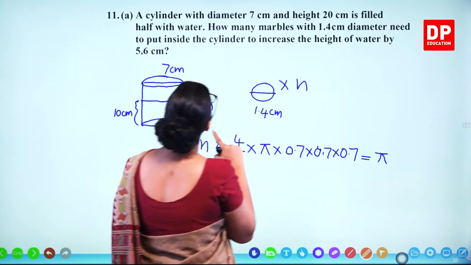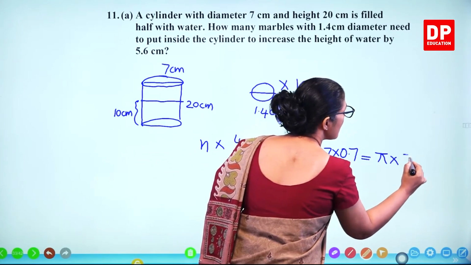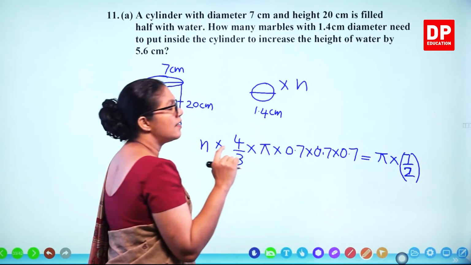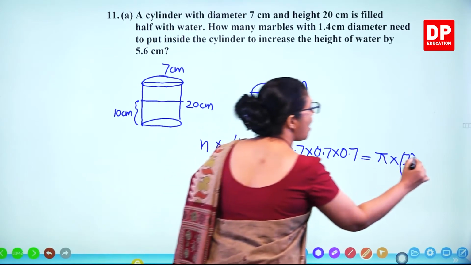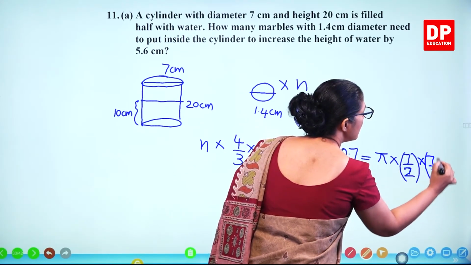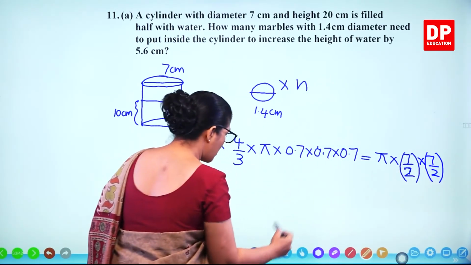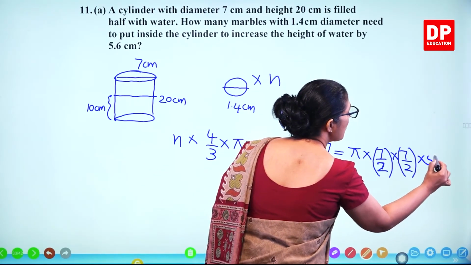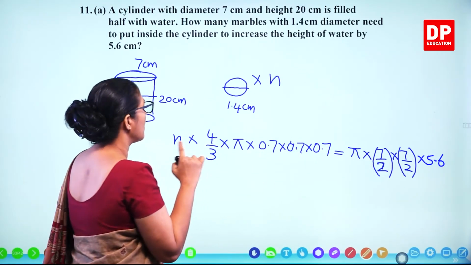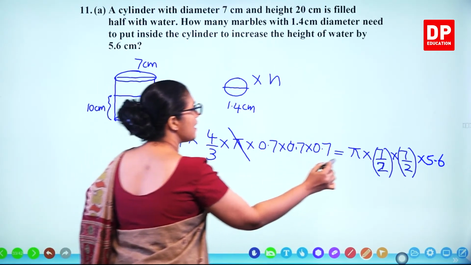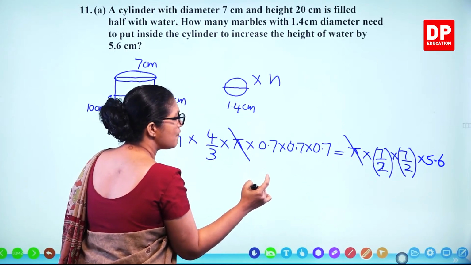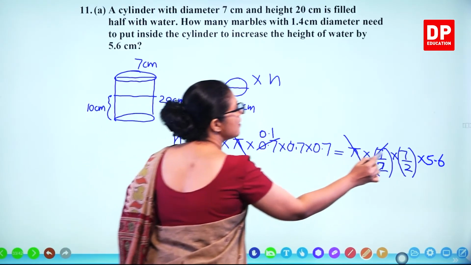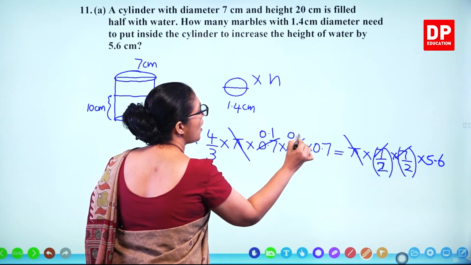Here 7 is the diameter, so 7 over 2 is the radius. H is the increased height, that means 5.6. That's equal. So pi gets cancelled out. We'll divide by 7.